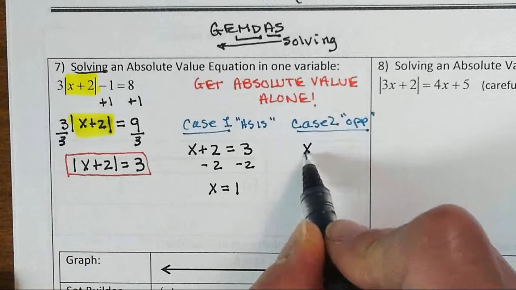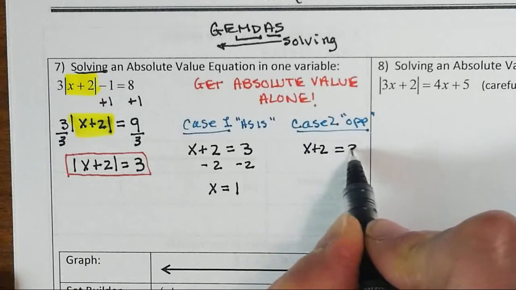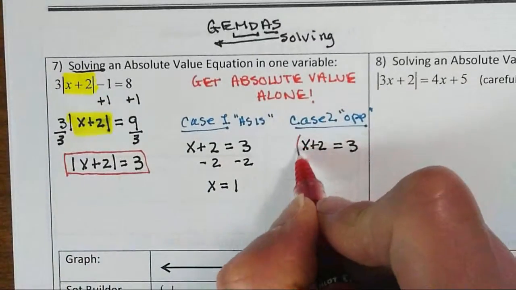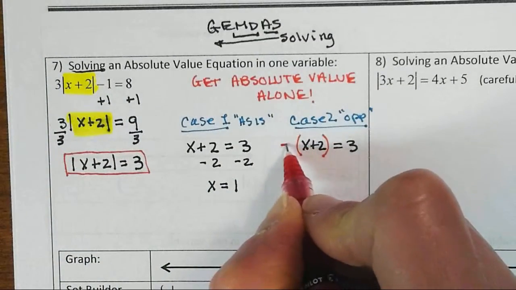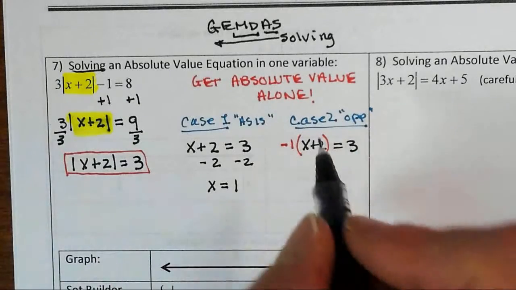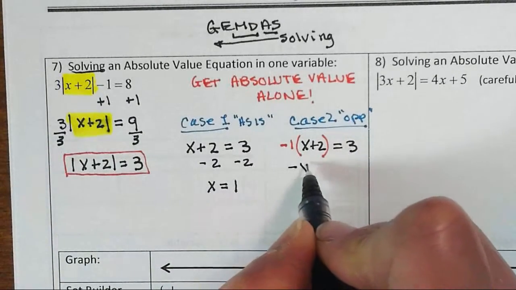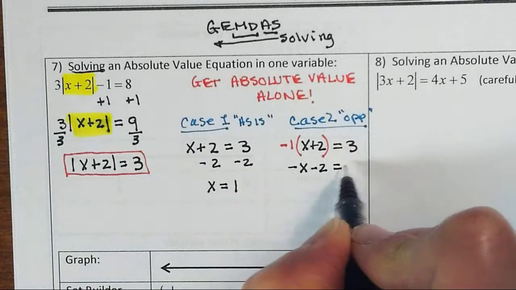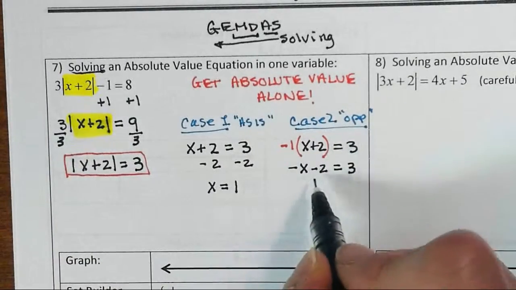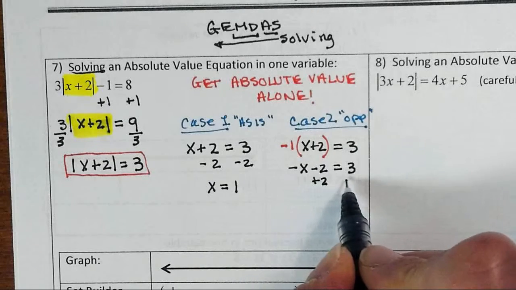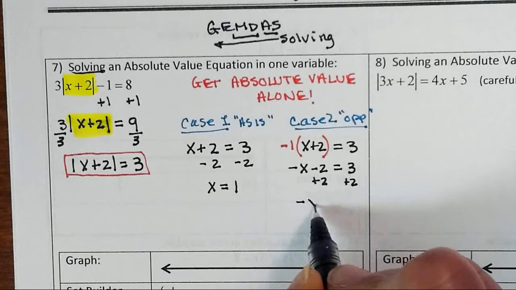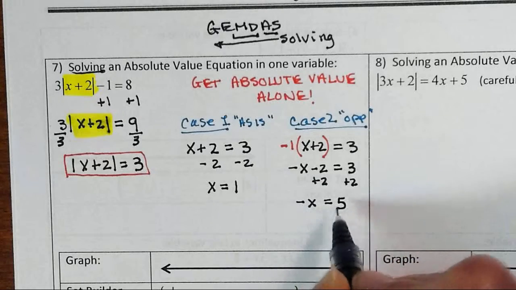So if I have x plus 2 equals 3, the opposite of x plus 2 would be this whole thing times a negative, -1. So then that gives me negative x minus 2 is equal to 3. Very similar, just different signs. I'm going to add 2 to both sides. I get negative x is equal to 5.